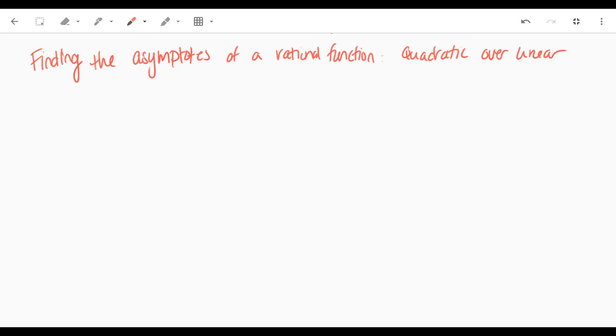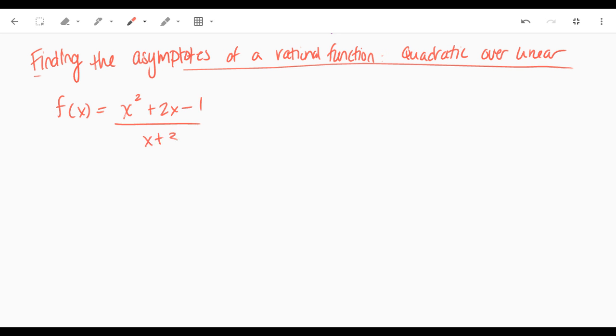Okay, now this is going to be kind of a weird one. Okay, so an example of this one, we have f of x is x squared plus 2x minus 1 over x plus 3. Okay, now we know that since the degree of the numerator is greater than the degree of the denominator, there is no horizontal asymptote. Okay, but there's what's called a slant asymptote. All right, so there is no horizontal.